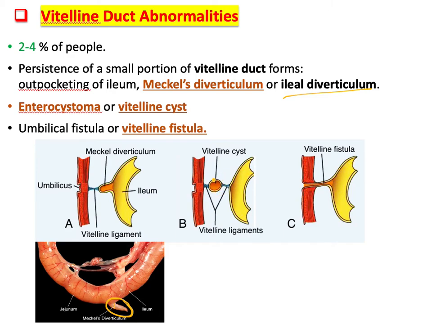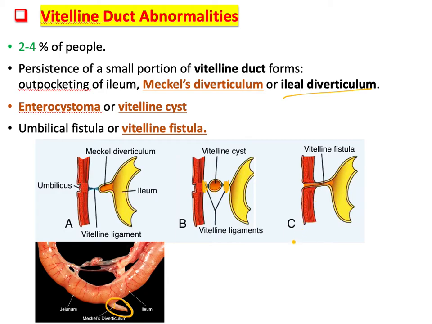Sometimes the vitelline duct is obliterated from both sides, behind the umbilicus and at the ileum, but still there is a small cyst there. Sometimes it is asymptomatic. There are no symptoms except if it's inflamed for one reason or another. We call it a vitelline cyst or enterocystoma.